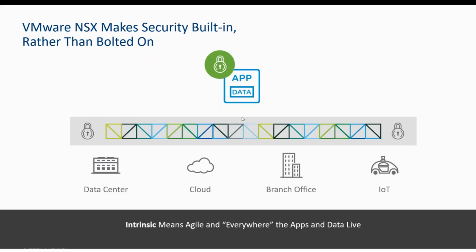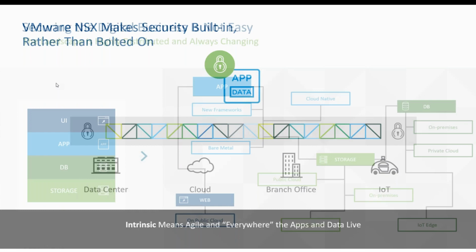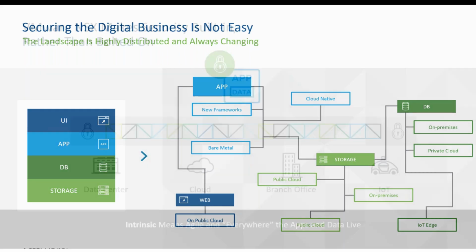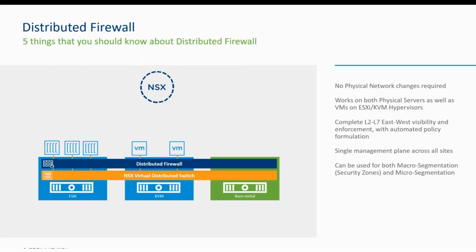Well, there we go. What we're trying to do when it comes to security is really to shrink the attack surface. And we do that not by bolting on any additional solutions, but by making security an intrinsic part of the infrastructure, from where we have our apps and data. But I'll just talk through this part.